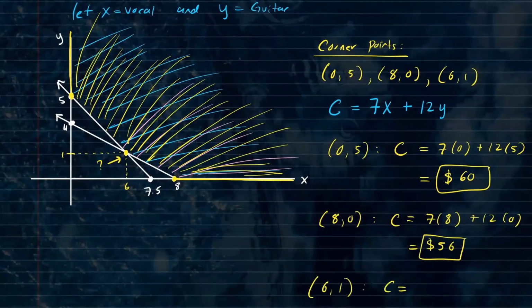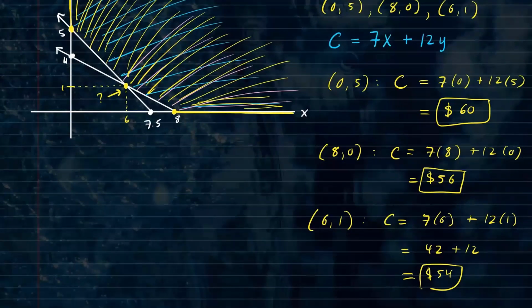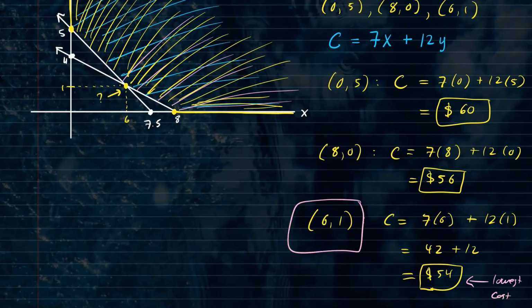The cost is 7 times 6 plus 12 times 1, which would give us 42 plus 12. That's 54. So this gives us the lowest cost. So this will minimize the cost function, 6, comma 1.